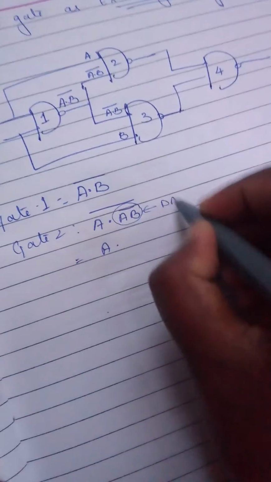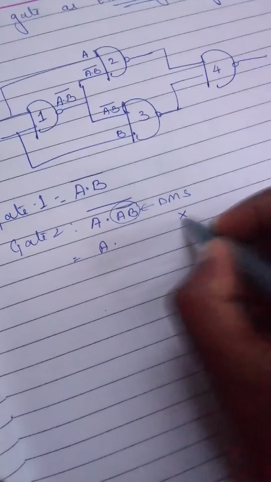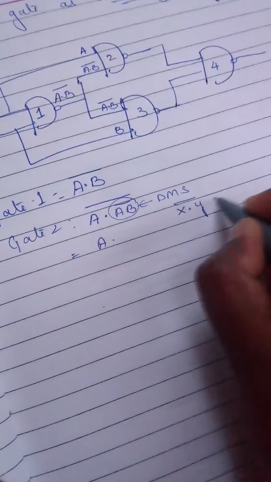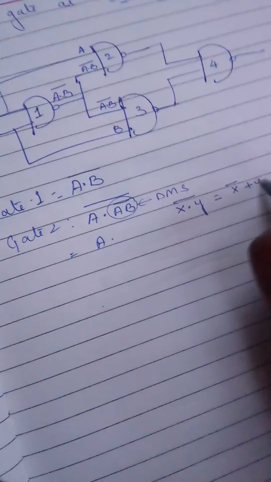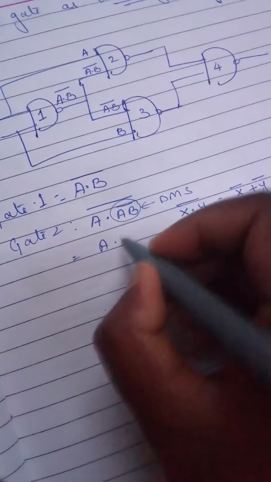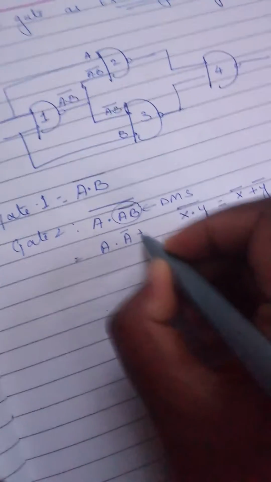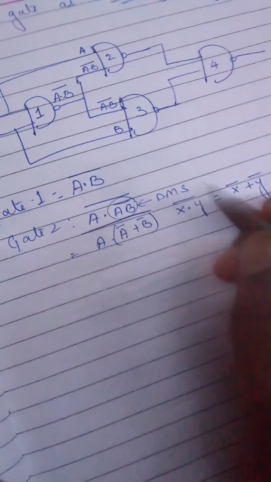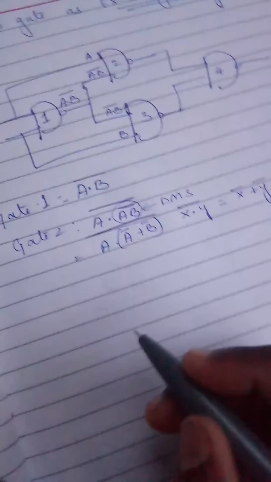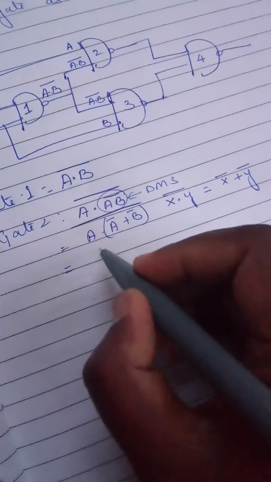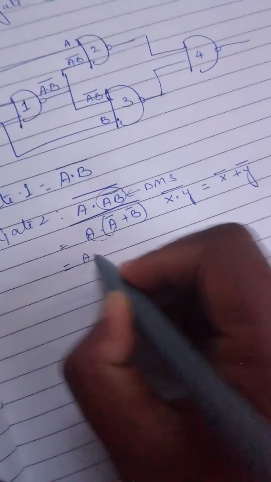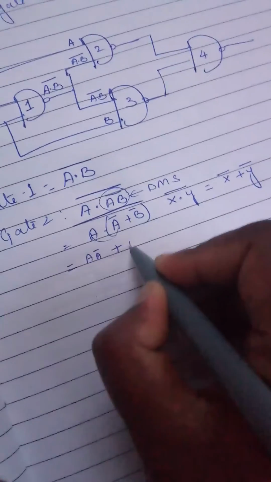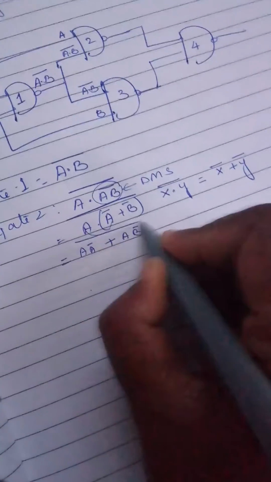De Morgan's theorem says (x dot y) complement is equal to x complement plus y complement. According to this, you have (A complement plus B complement), so you get A into (A bar plus B bar) whole complement.